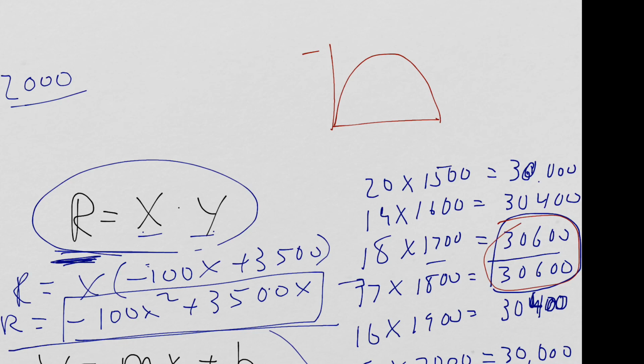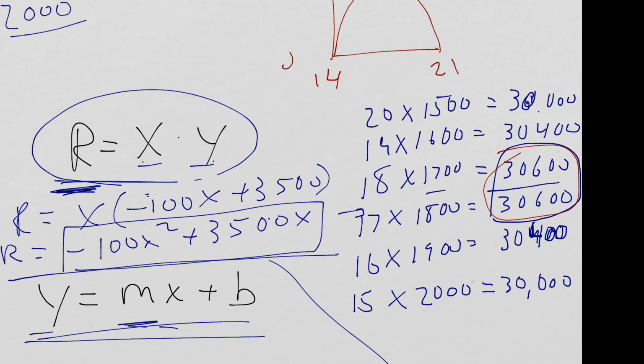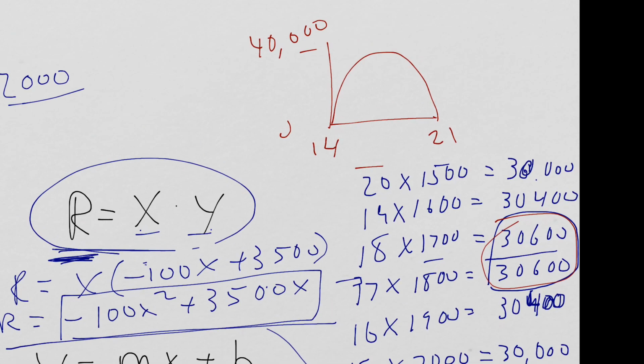So what I did was I put 40,000 as a height and 0 at the base, and then I had a range of 14 to 21. That includes all my x values, doesn't it? And that would include my revenue values between 30,000 and 30,600. And then what you're looking for is this spot right here. To find that spot, you're going to use the calc button on your calculator. You're going to push that calc button, and I think from there, you can get it.